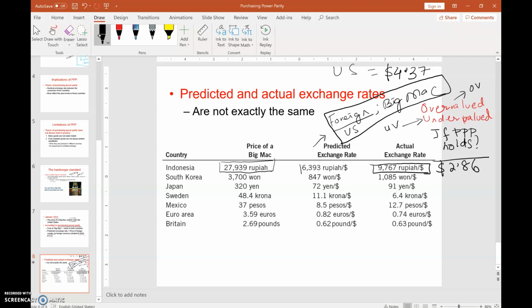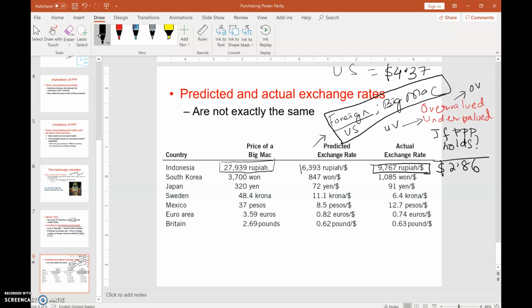Now I can look at 3,700 over the US price, which is 4.37. I get close to 847 won. Now the actual exchange rate is something which we see in organized foreign exchange markets, and it looks like the actual exchange rates are different from the predicted exchange rates for all the countries.